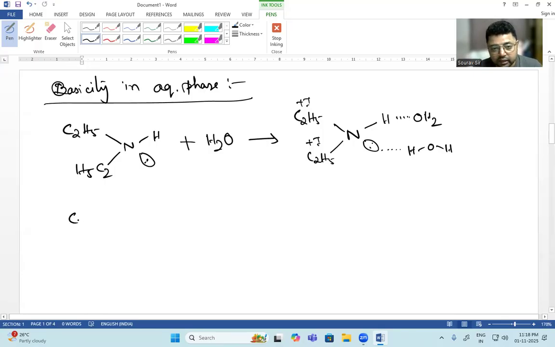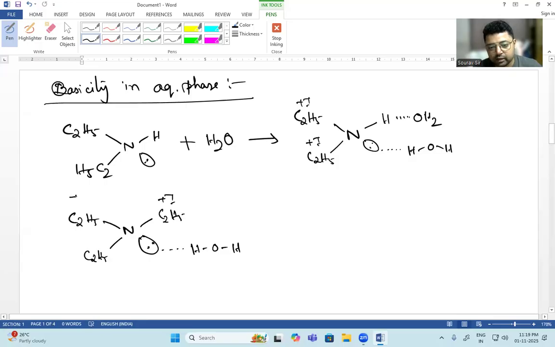But when you have a 3-degree amine, C2H5, C2H5, and C2H5 along with one lone pair, which will try to form a hydrogen bond with water, but with three alkyl plus I effects of the ethyl groups. So you will see that the plus I effect is more prominent for the ethyl group than for the methyl group.